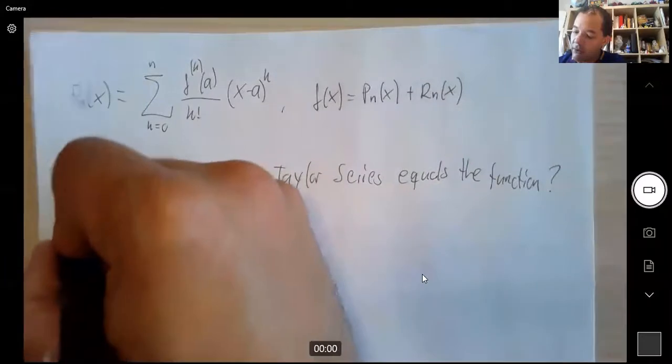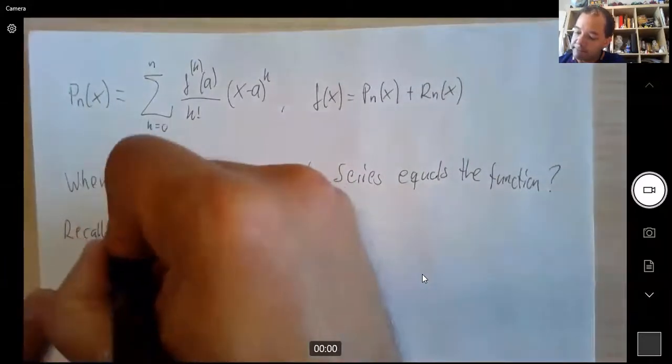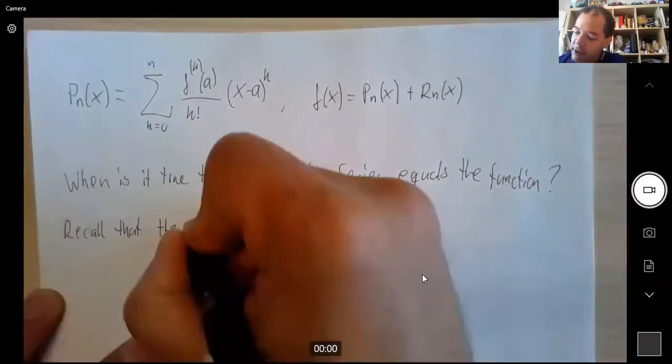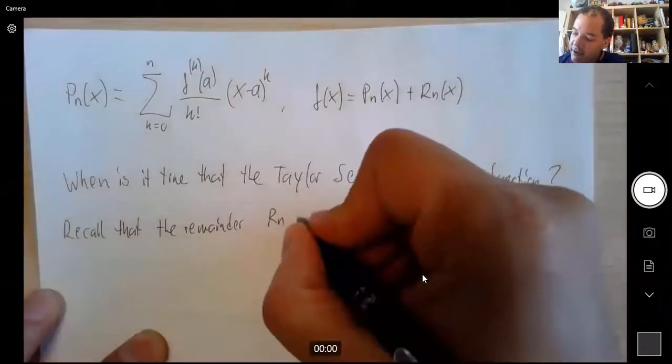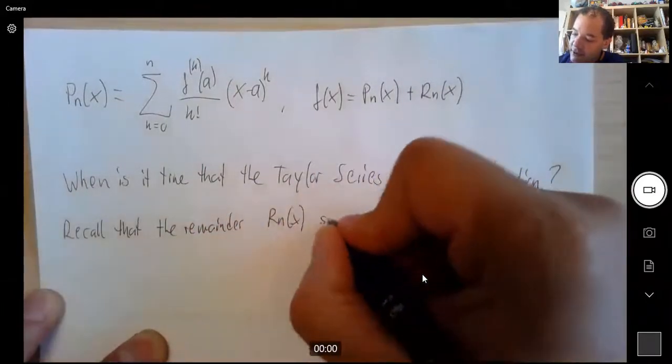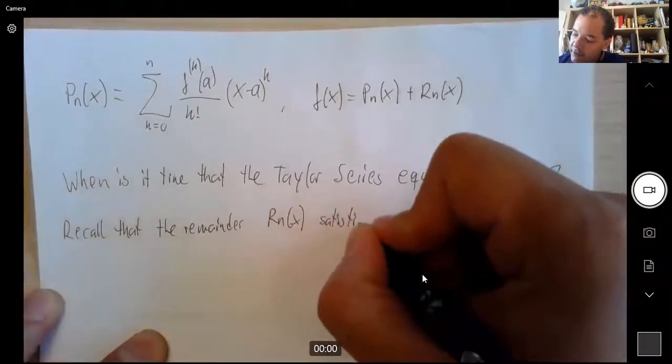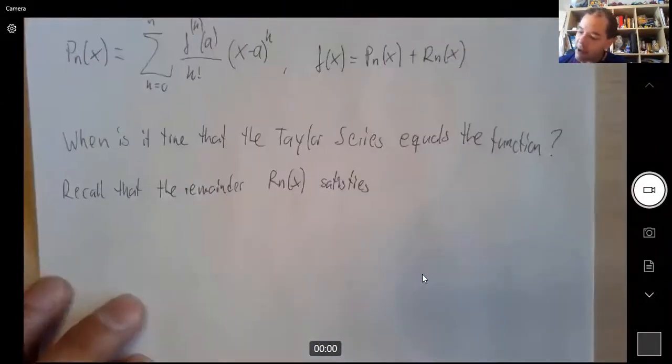So recall that the remainder, R_n, satisfies this bound.